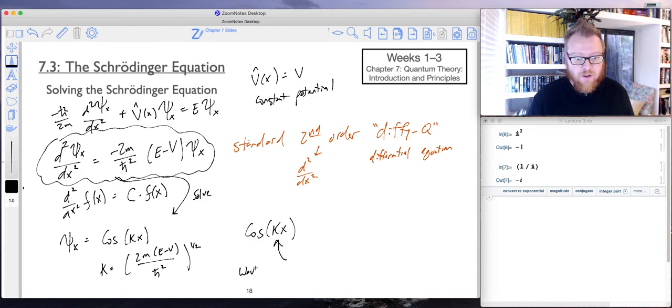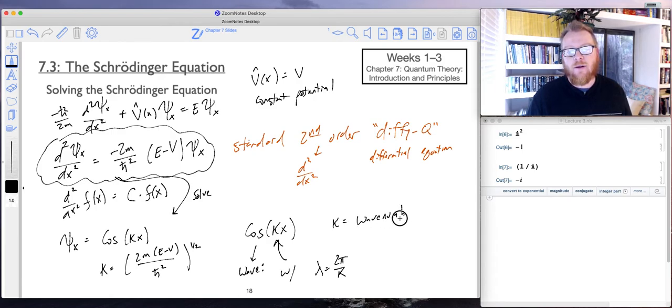Okay, so this is a wave with wavelength lambda, 2 pi divided by k. So in other words, k is what we call the wave number. Okay? Very cool stuff. Did I leave myself enough room here? I did not leave myself enough room to do the next thing that I want to show. So let's see here. Okay, that's fine.